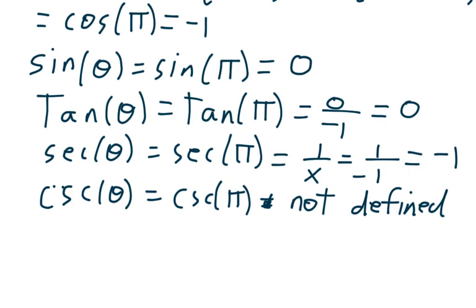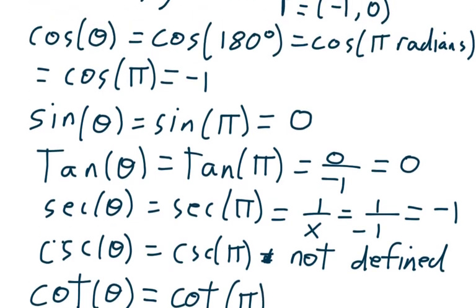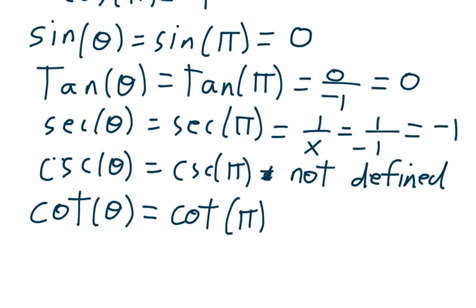Because again, y is 0. And likewise, cotangent of theta, which is cotangent of pi, is x over y, so this is also not defined. Whenever y is 0, cotangent and cosecant are not defined because you're dividing by y.